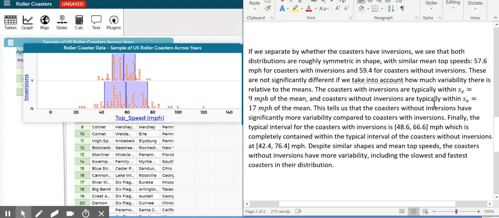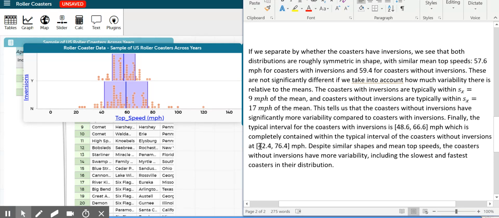This tells us that the coasters without inversions have significantly more variability compared to coasters with inversions. Finally, the typical interval for coasters with inversions, and this is where I did the calculation, right? Mean minus the standard deviation, 48.6, mean plus the standard deviation, 66.6 miles per hour for the inversion group, which is completely contained within the typical interval of the coasters without inversions at 42.4 to 76.4 miles per hour.